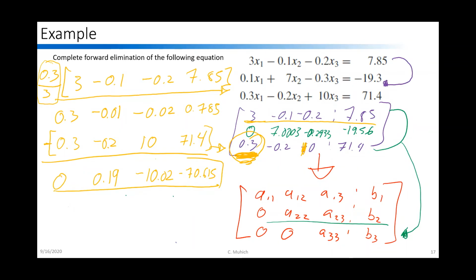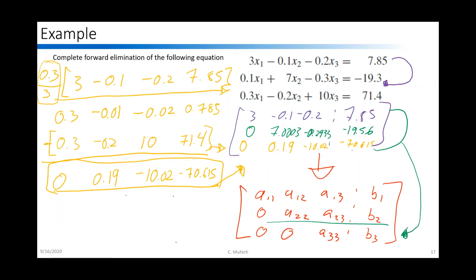This new row is going to replace the old row. Right? So I'm going to go ahead and do that. I'm going to take out these series of numbers. And we're going to replace this row, 0, 0.19, negative 10.02, and negative 70.615.